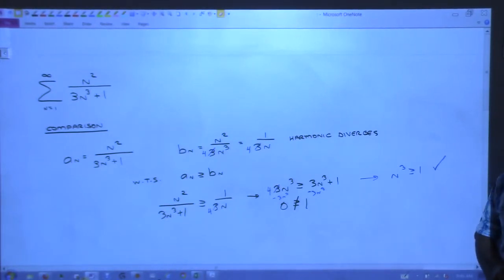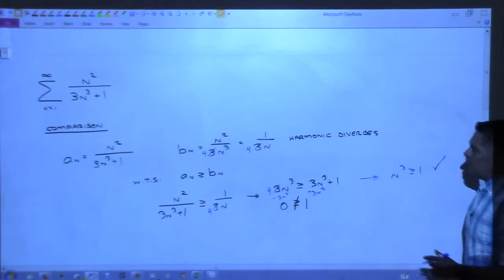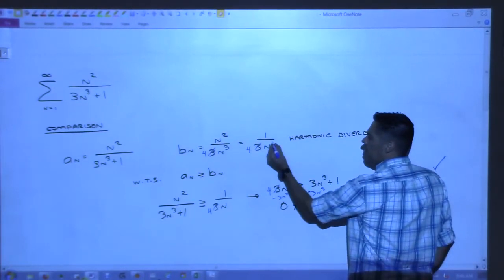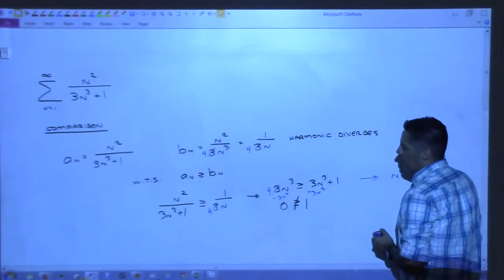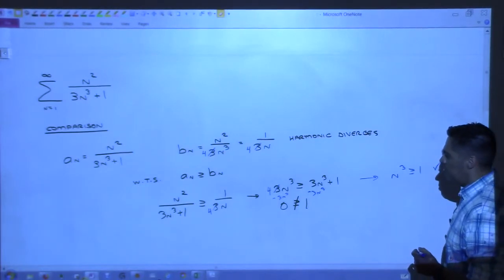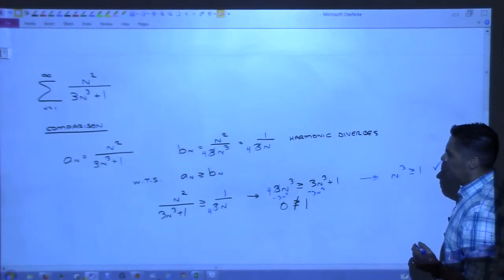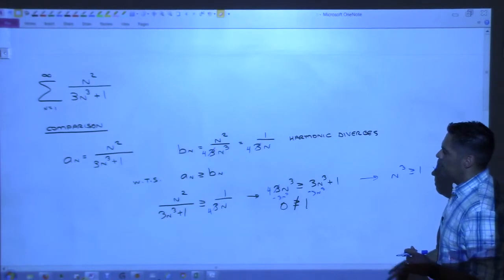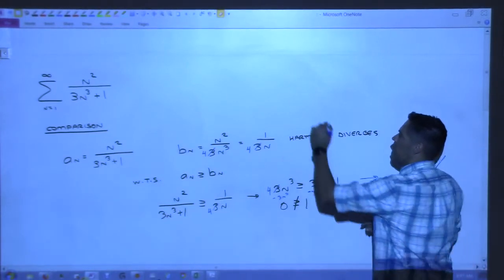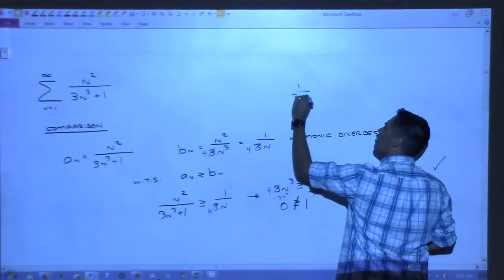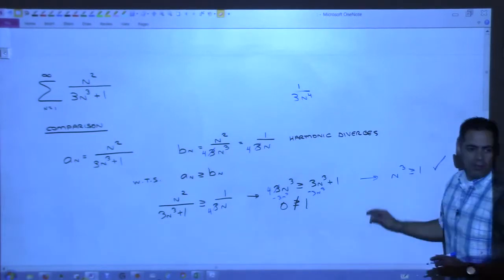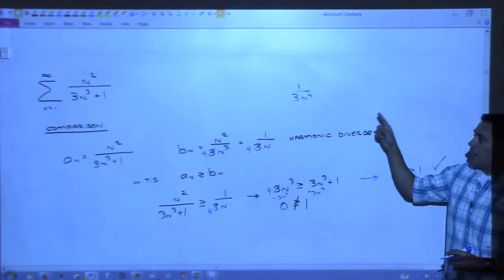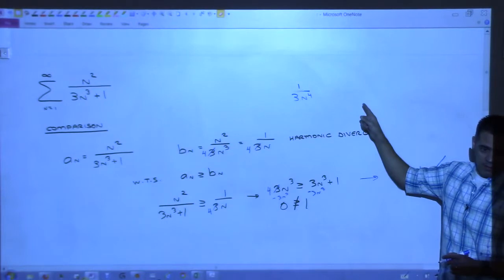So how much flexibility do we have? Could we have made it like 3n to the 4th on the denominator, so that you could have made it like a power series? If you would have used 3n to the 4th here, then you're going to have some issues. There's a couple of things that would happen. If you make this 3n to the 4th, let me just do it. 1 over 3n to the 4th. You're now comparing it to a p series that converges, right?